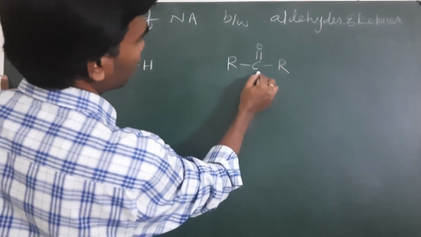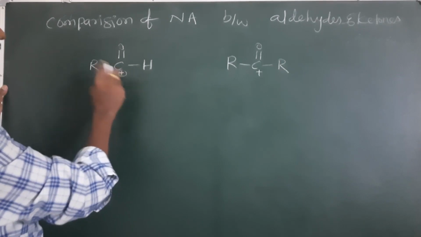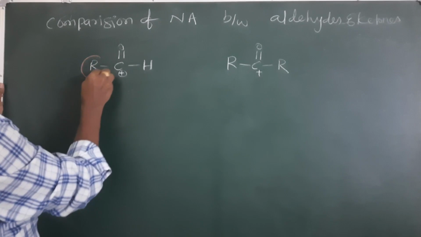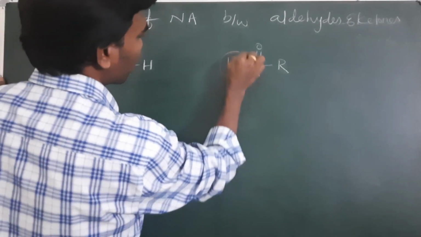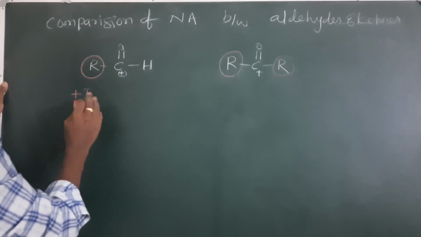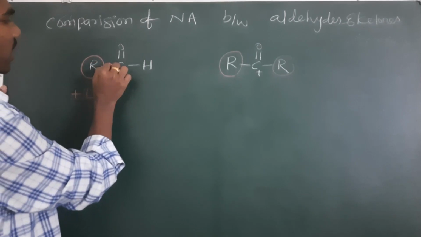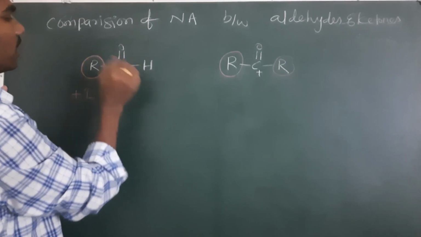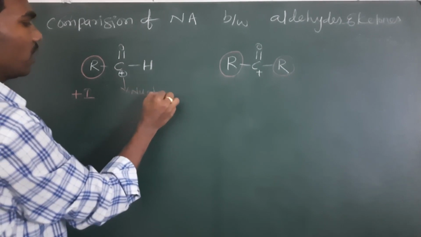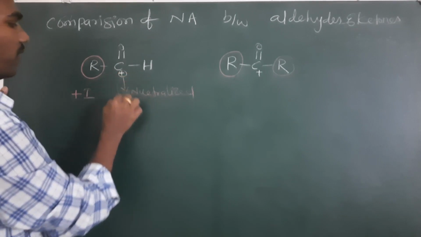When carbon is having positive charge, we know that the alkyl groups present in the aldehyde and in the ketone both have a plus I inductive effect, means they will supply electrons. When the alkyl group starts supplying electrons to this carbocation, then this carbocation gets neutralized.